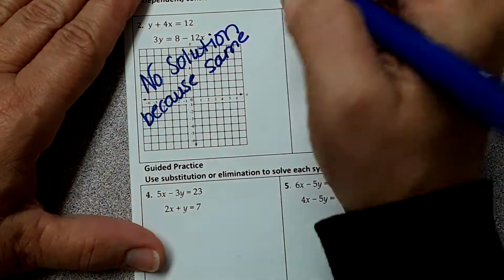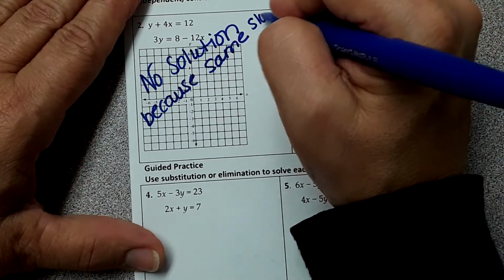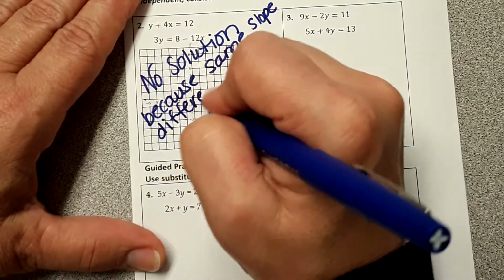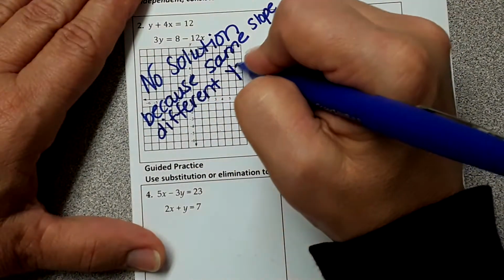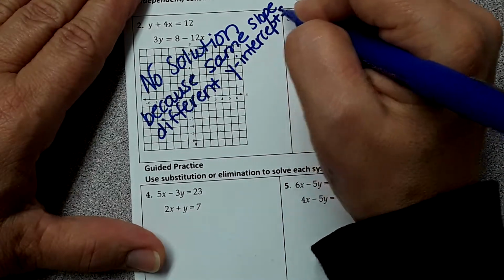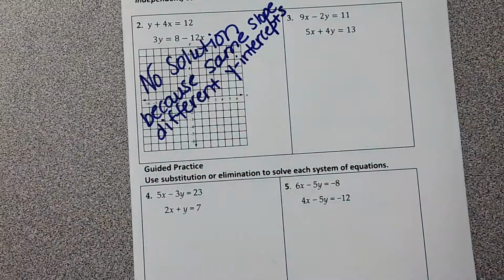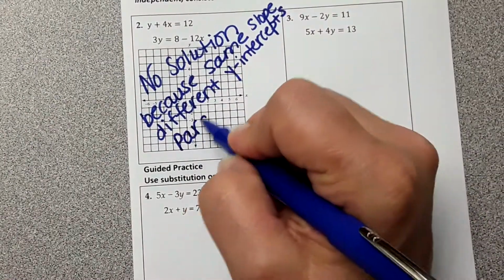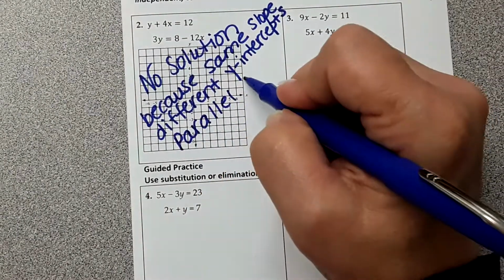I just want to put this because same slope, different y-intercepts. And that's because they're parallel lines. I want to put as much information here for you as possible so you know why.